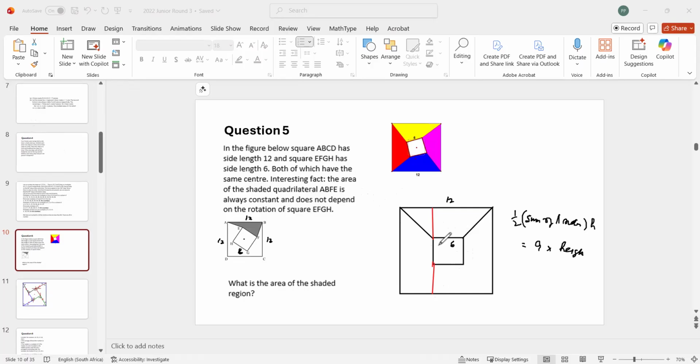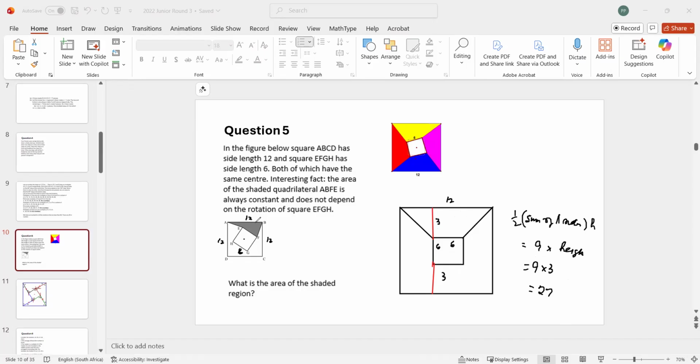So this is 6. The whole thing is 12. So this has to be 3 and this has to be 3. So the height is actually 3. So the answer to the question will be 27.